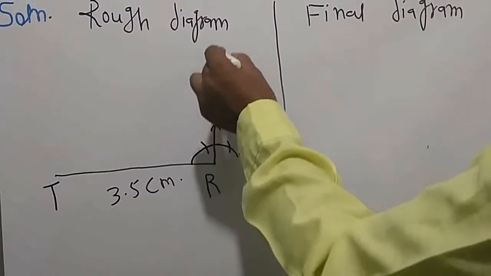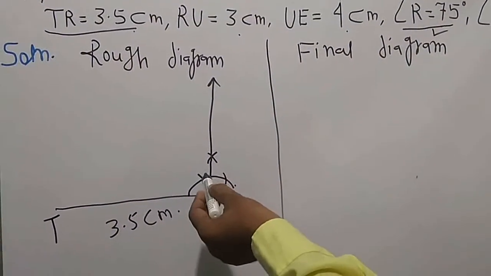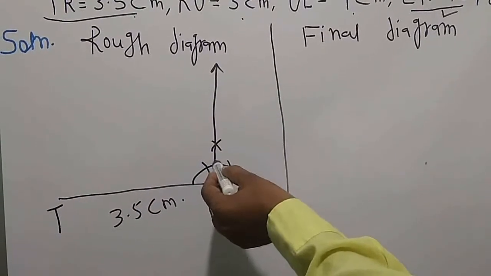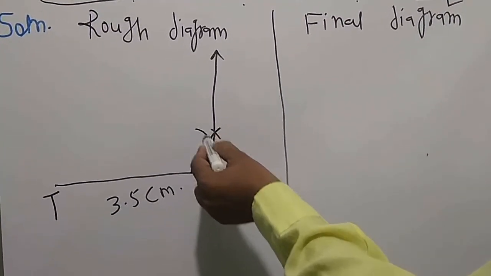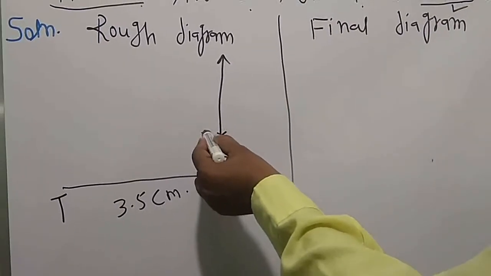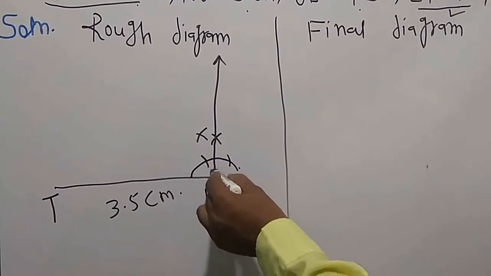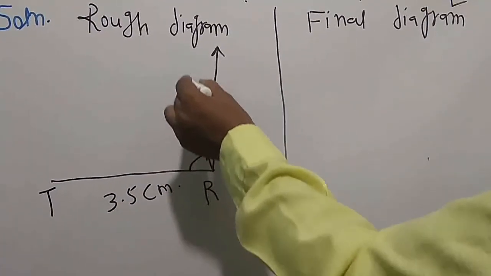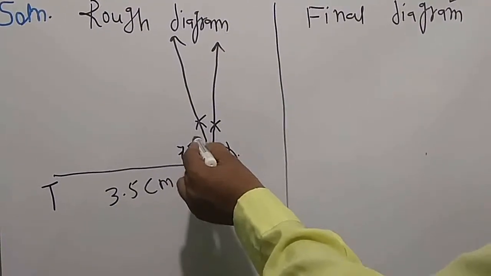This is our 90 degree, but we need 75. It lies in between 60 and 90. So what we do, from this point we draw one arc, and from this point we draw one more arc which intersects the previous arc. Then we join this with this intersecting point. This is our 75 degree.